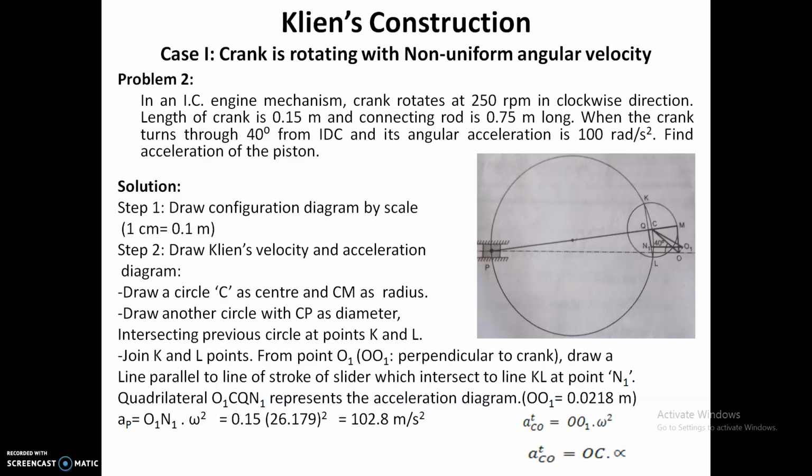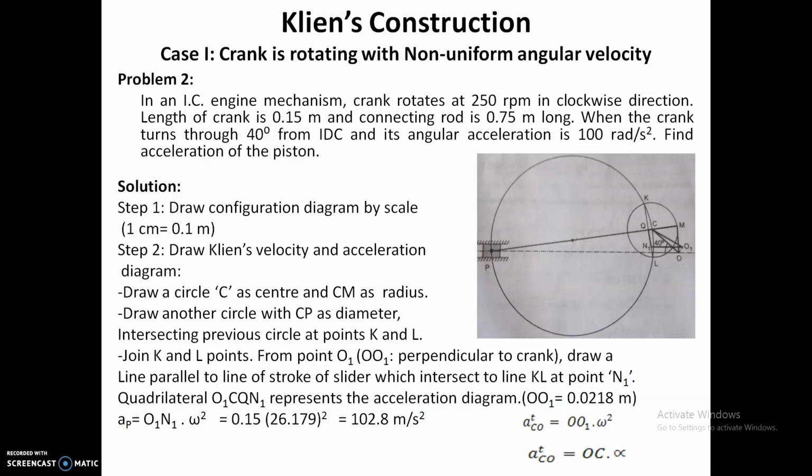Okay, center C and CM as the radius, you draw the small circle. Then you draw another big circle with CP as the diameter. You draw the other big circle, and these two circles intersect on the top side at K and on the bottom side at L.